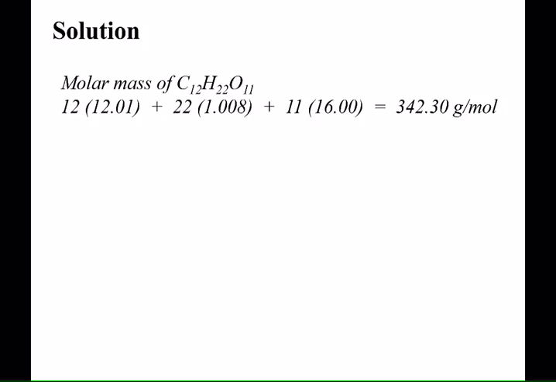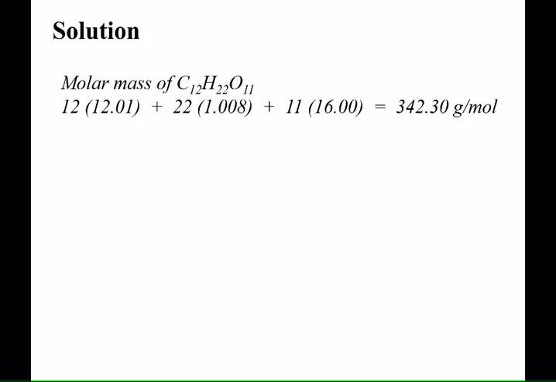So we take 12 times 12.01 for carbon, plus 22 times 1.008 for hydrogen, plus 11 times 16.004 for oxygen. Rounded to 2 decimals, we're looking at a molar mass of 342.30 grams per mole. So again, that's grams per mole. Make sure we're going to factor label that thing.